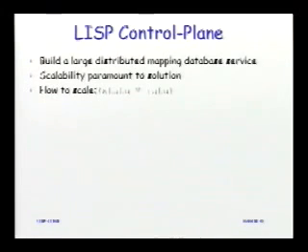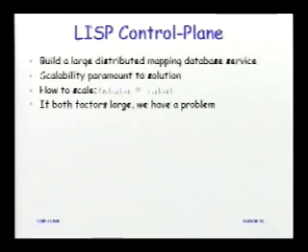And every proposal that we see seems to, and even some of our initial ideas seem to do that. But the question really is how to scale the amount of state you have in the mapping system times the update rate. The rate times state formulation is, I think, due to Tony Li, who formulated that way of thinking about it. Anyway, if both of those are large, we're obviously going to be in trouble.